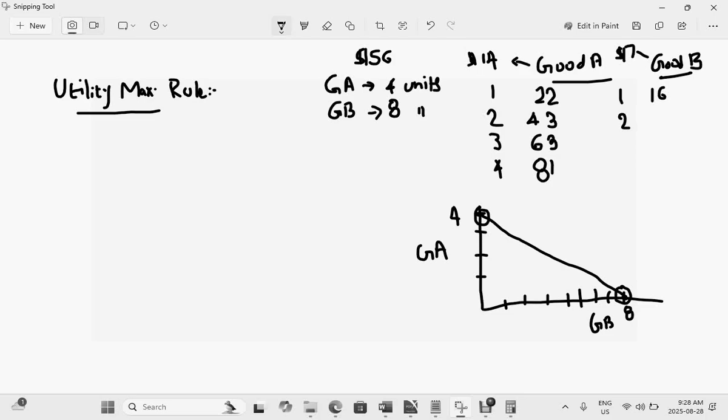Consuming 2 units gives you 31, and so on and so forth.